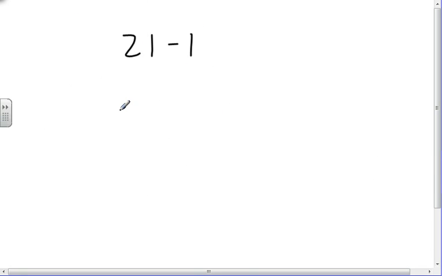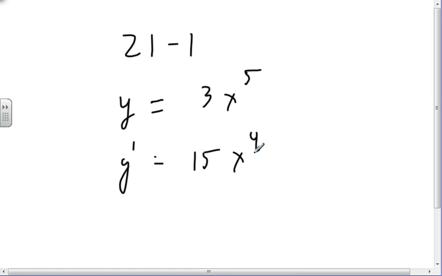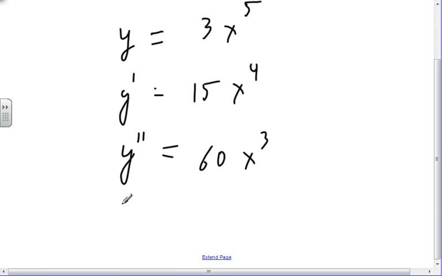If I had y equal to 3x to the 5th, then I could have y prime 15x to the 4th. I could have y double prime of 60x cubed. I could have y triple prime 180x squared.